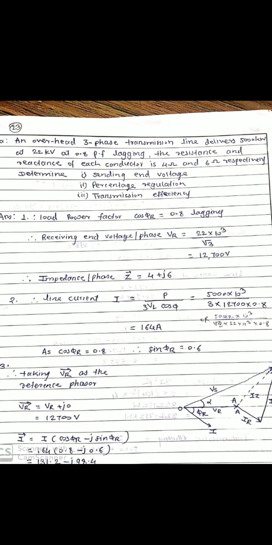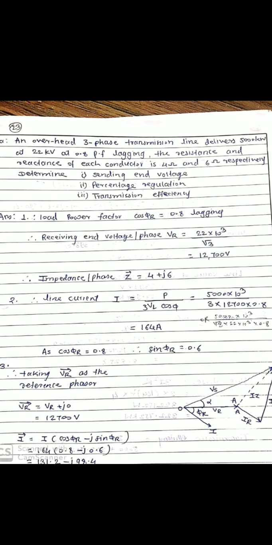We already know what these are, so we just have to find them from the given data. From the given data, the load power factor cos phi r is equal to 0.8 lagging.